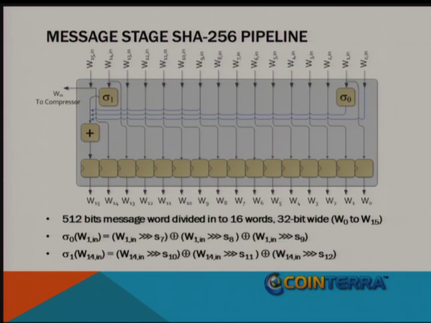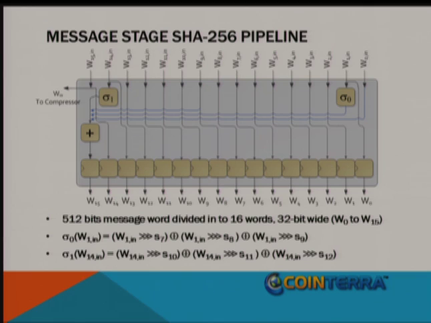So now let's look at the message block, one stage of a message pipeline. The input is 512 bits word divided into 32-bit wide words W0 through W15.